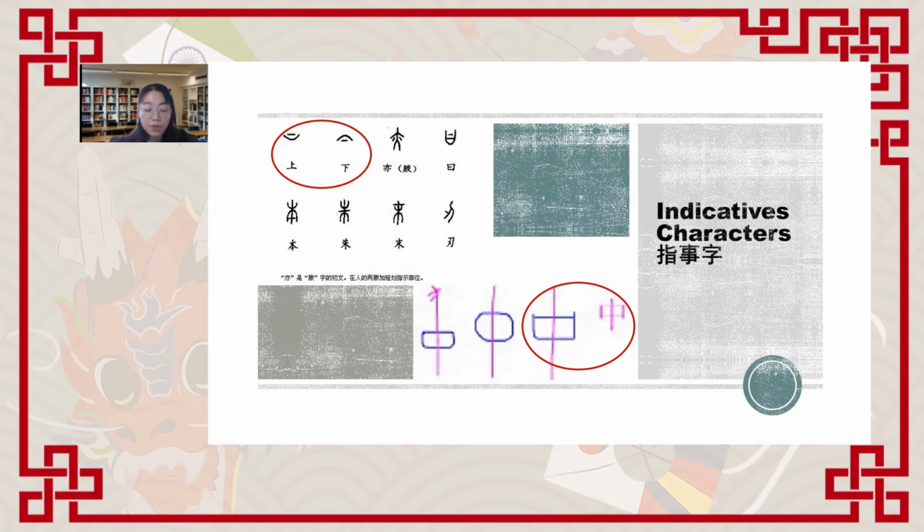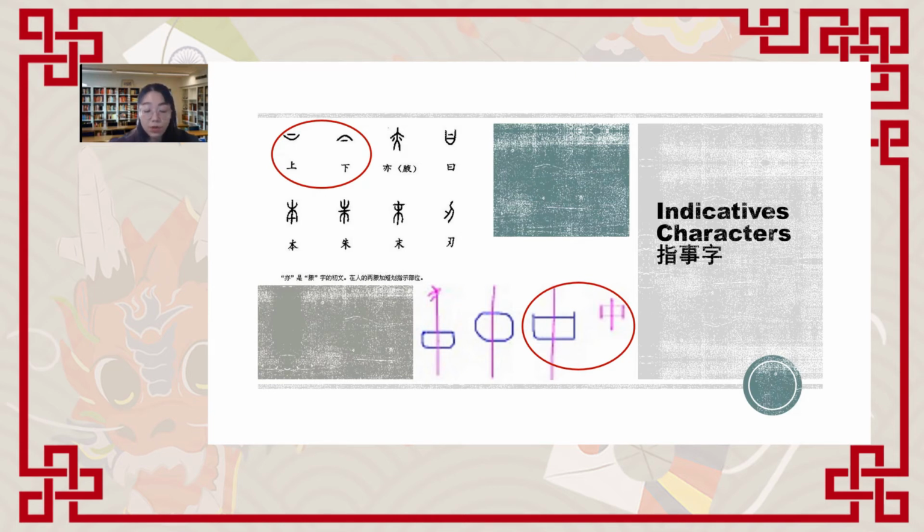Indicatives is an abstract method of making characters when it's not available or inconvenient to draw a concrete image. It's represented by an abstract symbol. The 2 characters, shang and xia, are horizontal. The line curve is a boundary.